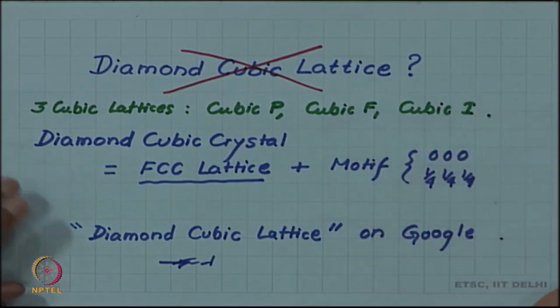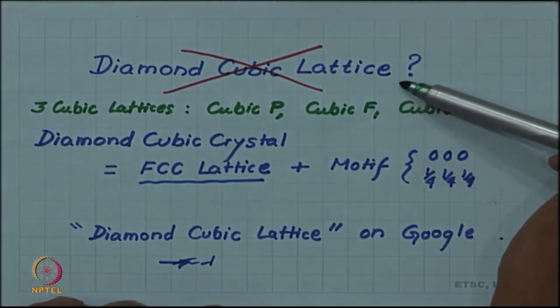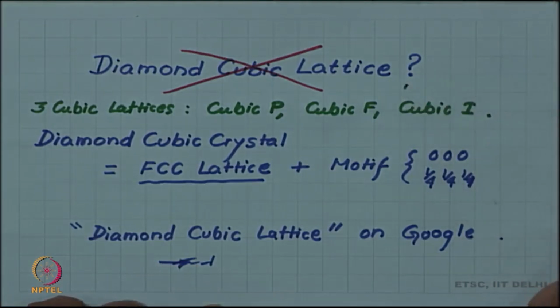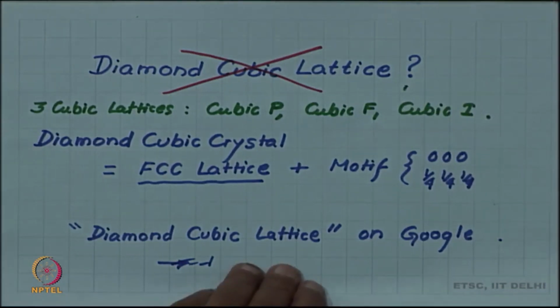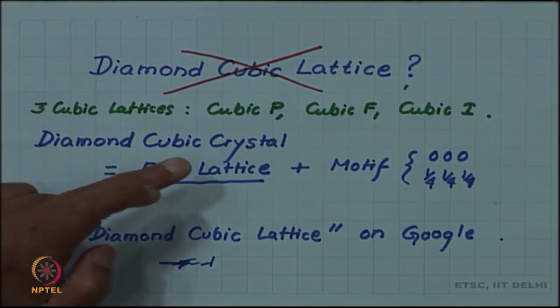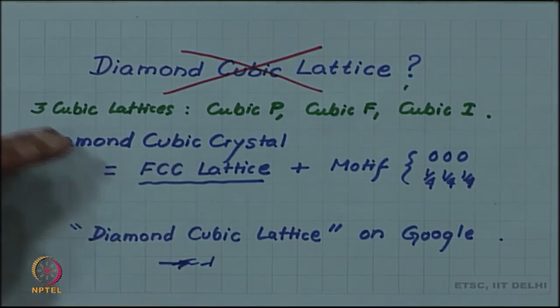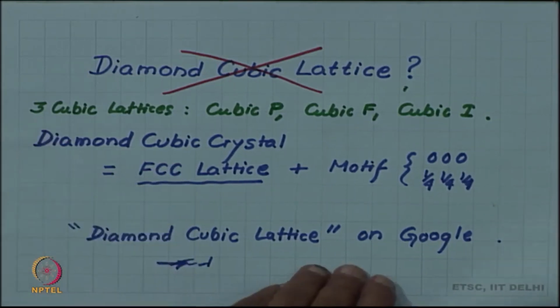So, there is no such diamond cubic lattice. If you introduce a phrase like diamond cubic lattice, that means you are talking of a 15th Bravais lattice, which is an incorrect terminology. So, never use diamond cubic lattice. If you are using the diamond cubic adjective, it should be used only for the crystal and not for the lattice. So, diamond cubic crystal having an FCC lattice.